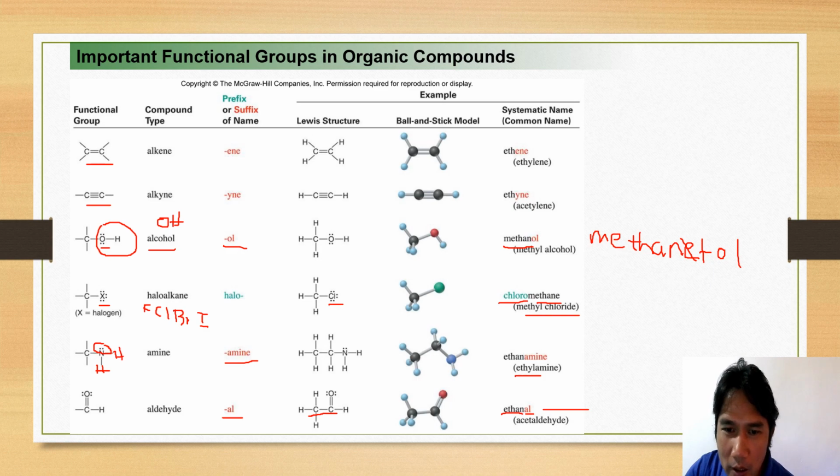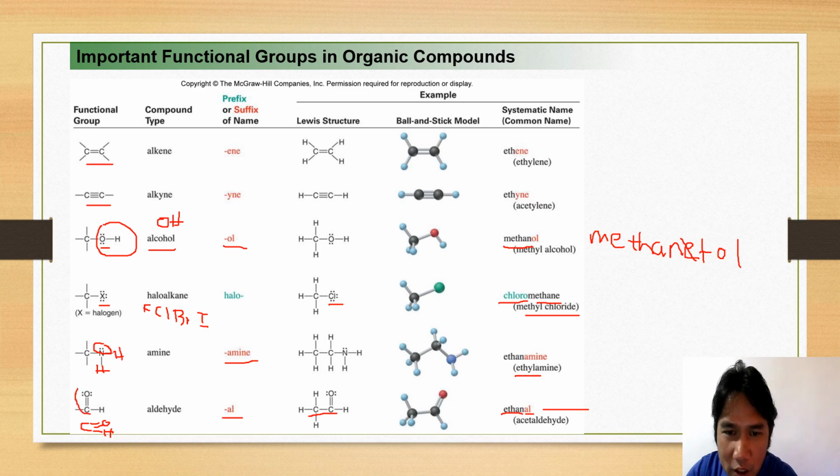In addition to that, in an aldehyde the functional group is C doubly bonded to oxygen, and there's one hydrogen, as you notice in this example. This is the carbonyl group.